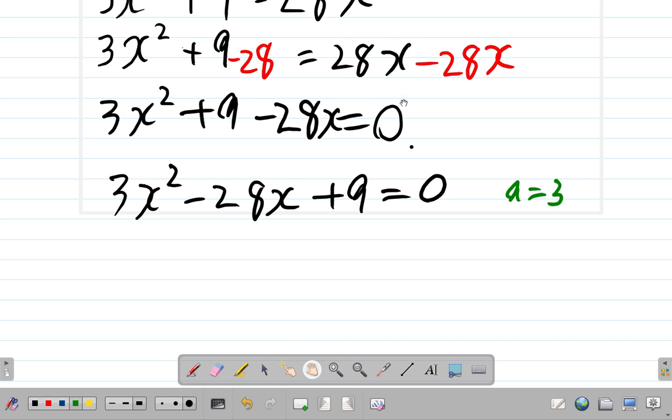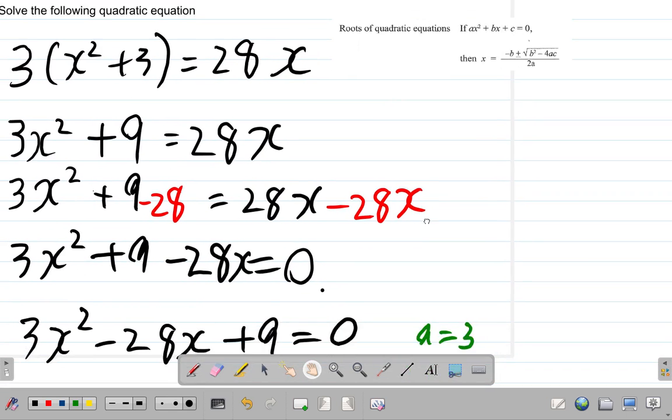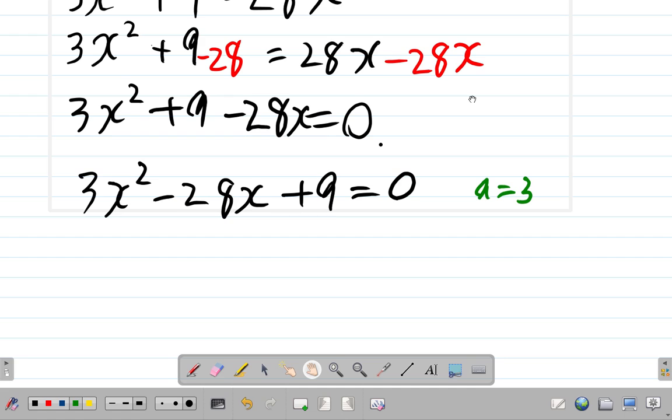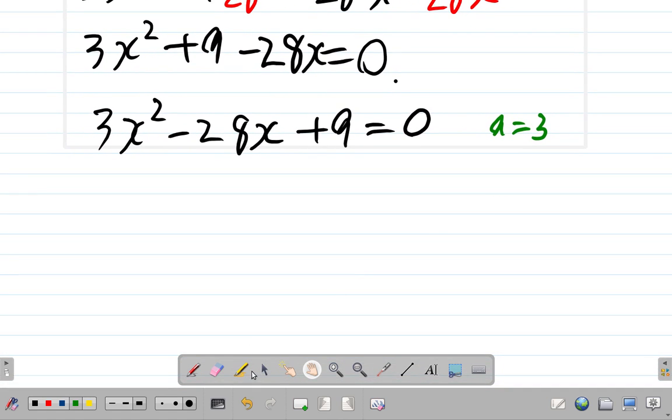What about b? What is b? It says plus bx. B is the number that multiplies x. Now, first of all, b is not 28, alright? B is not 28. B is negative 28.